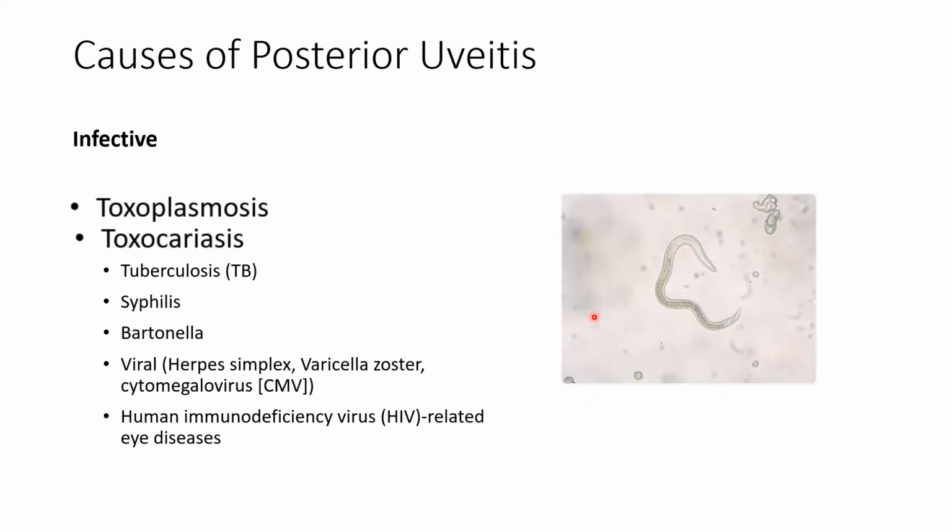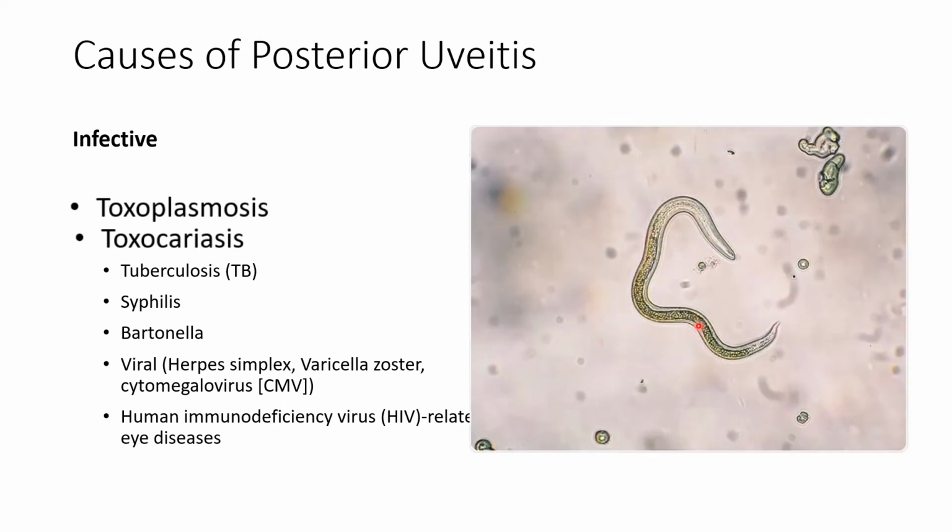The human being is not the definitive host, but once a person ingests the larvae and eggs, and the larva hatches, it can migrate to various organs in the body.